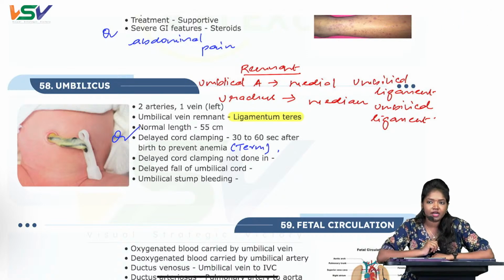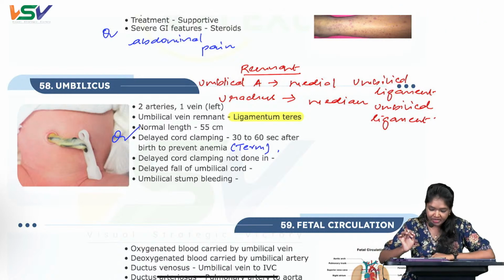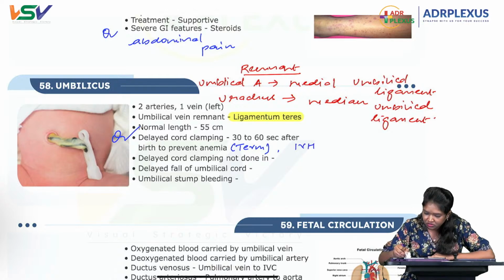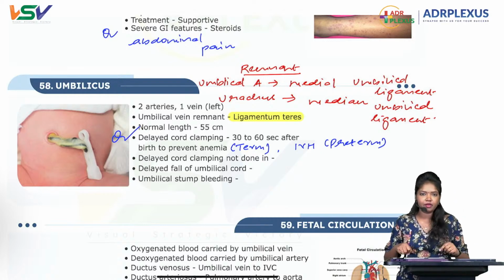Can we do delayed cord clamping? Yes, we can. In preterm babies, it is used to prevent IVH. This was a previous exam question, guys. In term babies it prevents anemia, in preterm babies it prevents IVH and other complications.